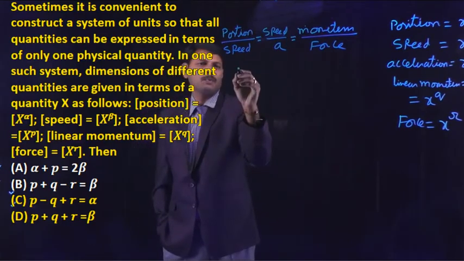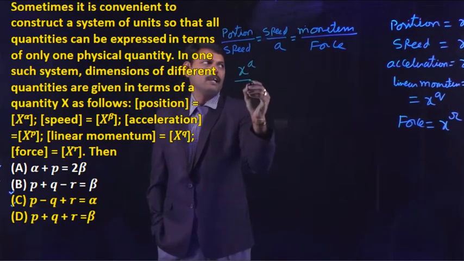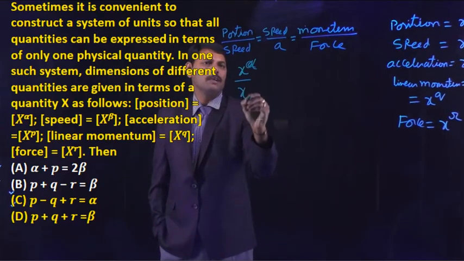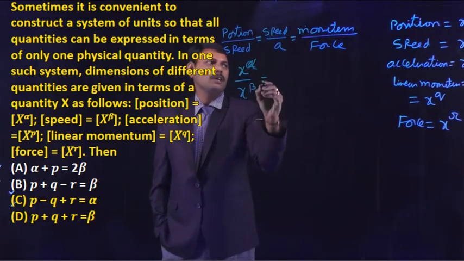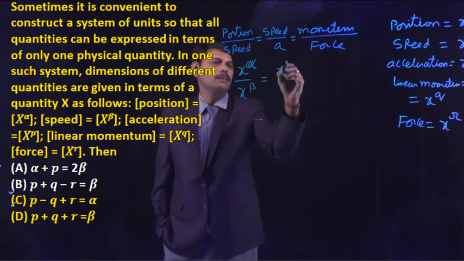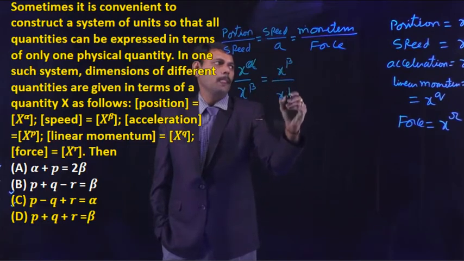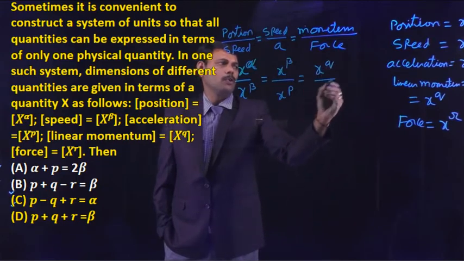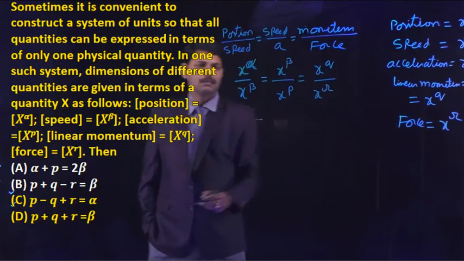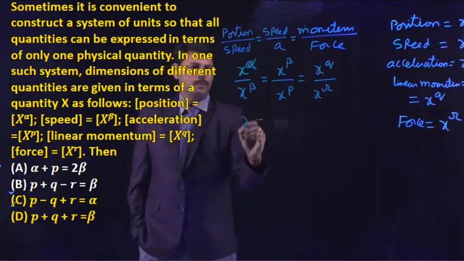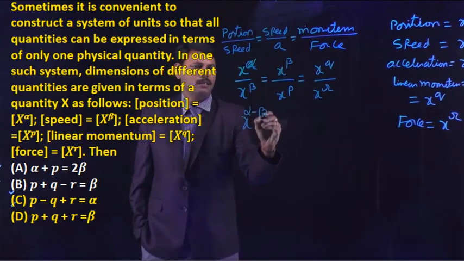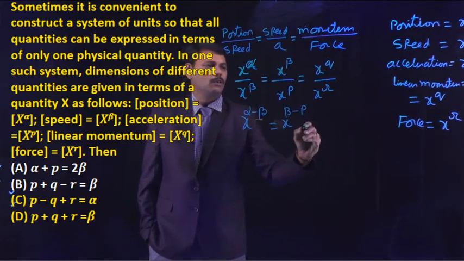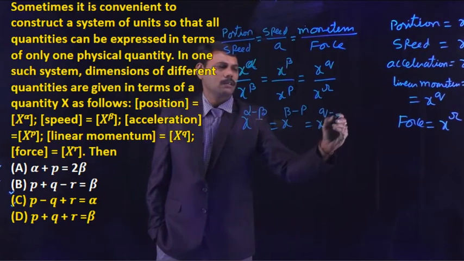Position means x power alpha divided by speed x power beta, which is also equal to x power beta divided by acceleration x power p, and linear momentum x power q by force x power r. So we find x power alpha minus beta is equal to x power beta minus p, equal to x power q minus r.